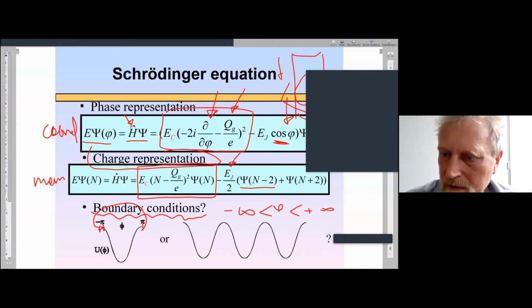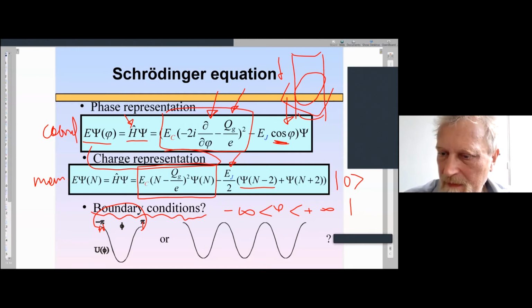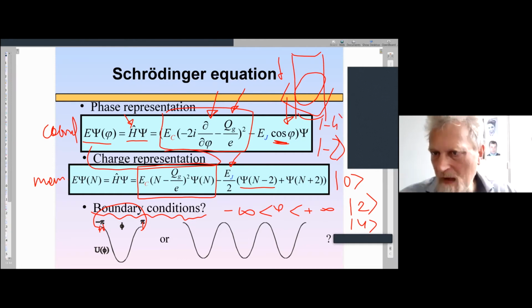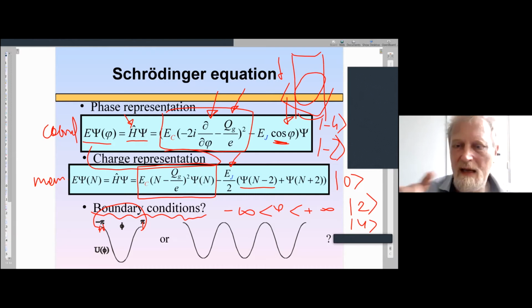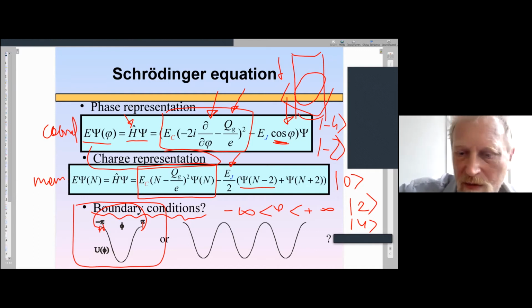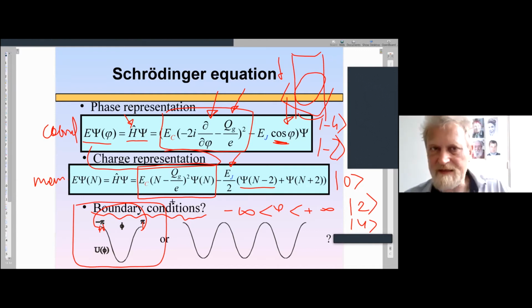In this case, all states I could number with the number of extra Cooper pairs in the island: plus 2, minus 2, minus 4, and so on. We will look at the energies of the states in a moment. I want to stress once again that for the same equation, we could have two boundary conditions.